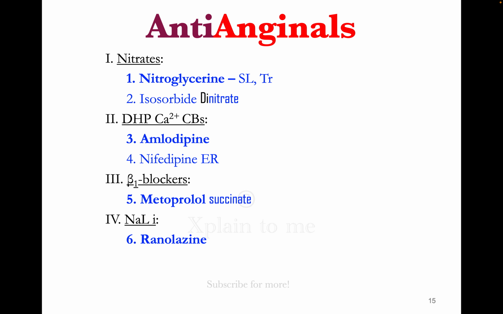So the variant or Prinzmetal angina is due to coronary artery vasospasm. Therefore, I am going to use a drug which directly targets the arteries, coronary arteries and coronary blood vessels. If I block the L-type calcium channels in the coronary arteries, I don't get that spasm.